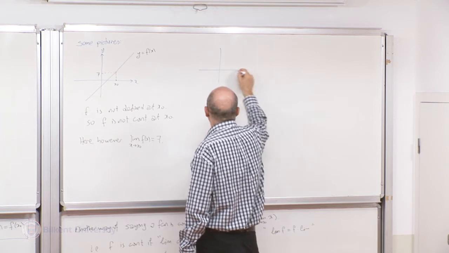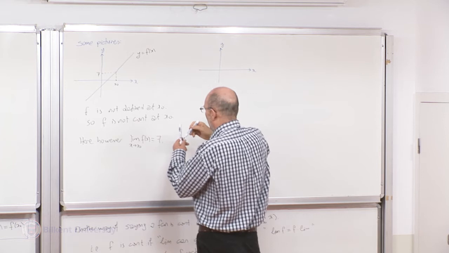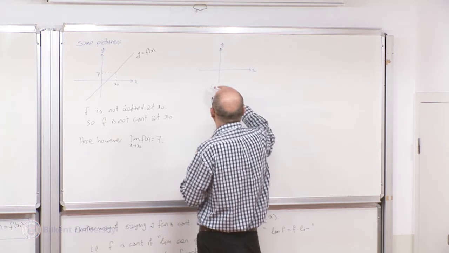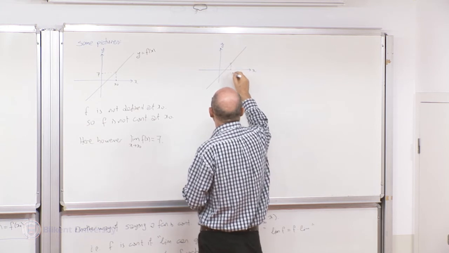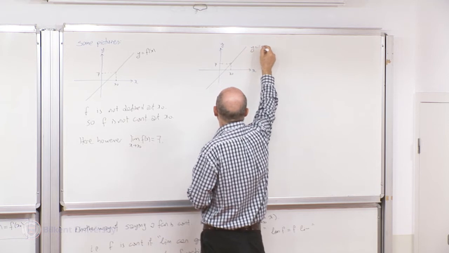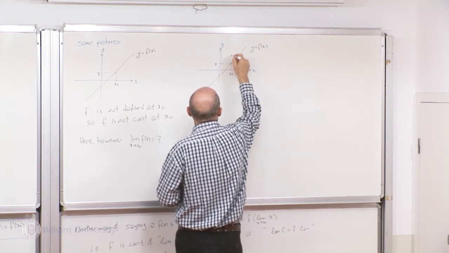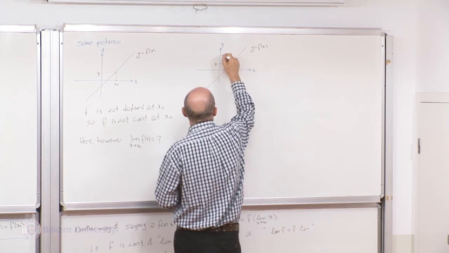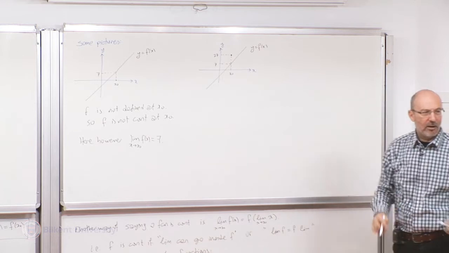So let's look at the next simple case. Again, we have this. This is x sub 0. This is 7. This is y equals f of x. And for some reason, I decided that the function will take this value here, let's say 27. The picture is drawn not to scale.